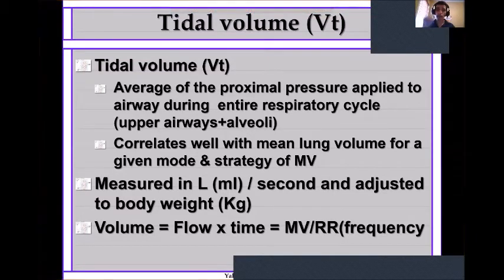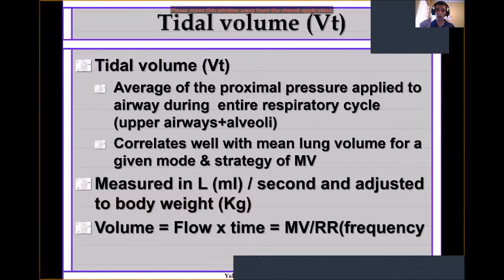Peak flow, you get pressure. That's very important to remember. Volume is time. Pressure is peak. So volume is the time of the flow, while pressure is the peak of the flow. So to calculate volume, you multiply the flow by time, or you divide minute ventilation by the respiratory rate.